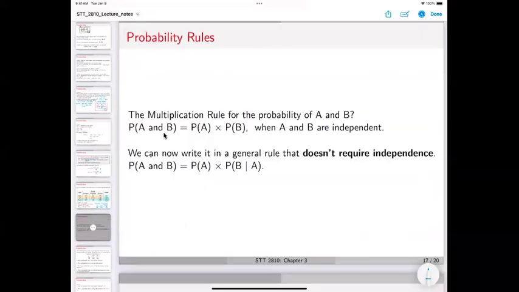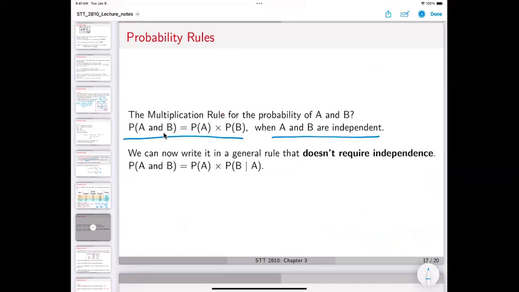And now we also want to talk about the multiplication rule, which we did in chapter 12. We said that this only applies if A and B are independent. If they are not independent, this does not apply.